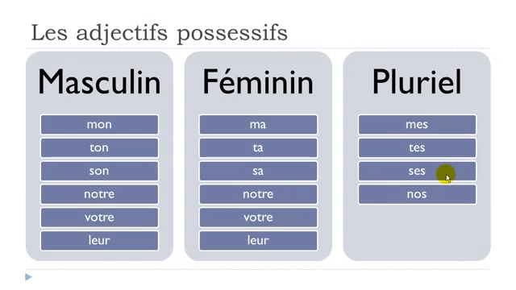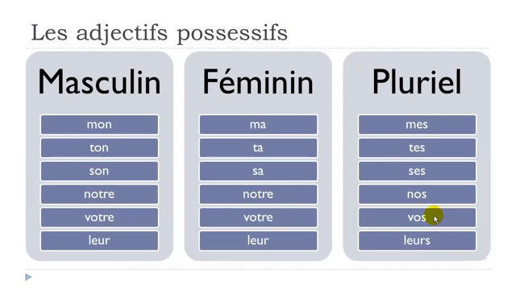And then for the plural, nos, vos, and then leur. Remember, even if you've got this final s, you don't pronounce it, as was the case already for this word, nos, you don't pronounce the final s, vos, you don't pronounce it, leur. So if we see that one more time, it's mes, tes, ses, and then nos, vos, leur.